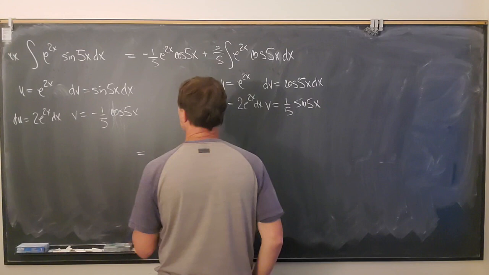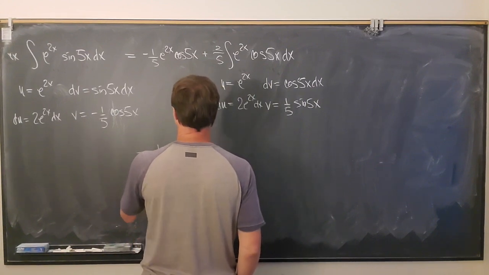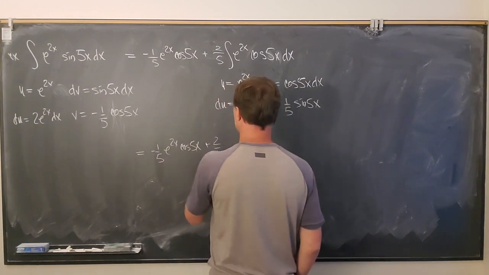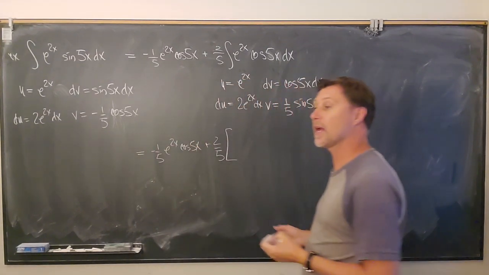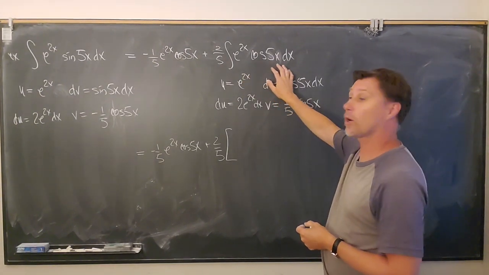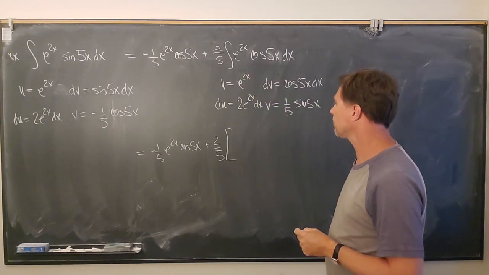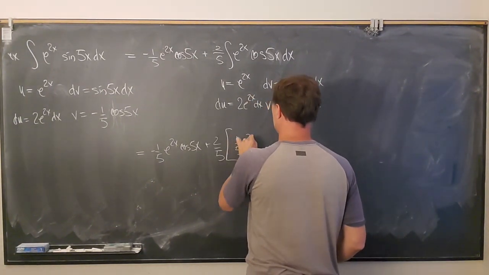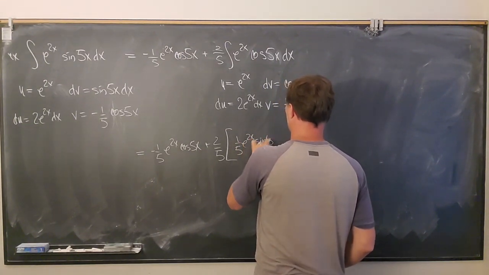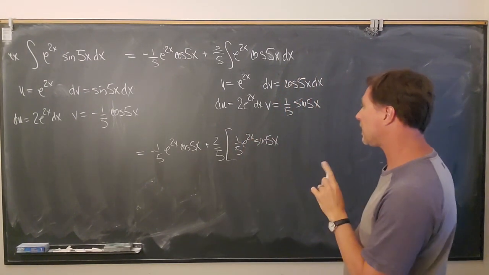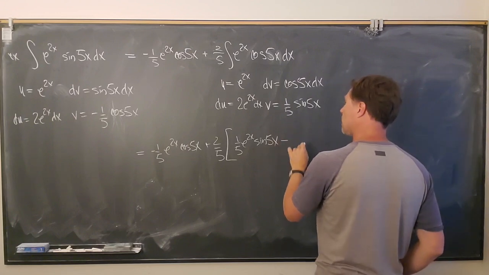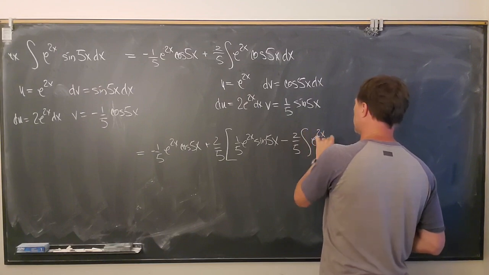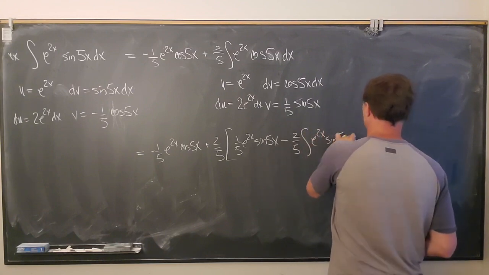I've got negative 1/5 e to the 2x cosine 5x plus 2/5, and now in square brackets I'm going to write down the result of applying integration by parts to this piece. It'll be u times v, that's 1/5 e to the 2x sine 5x, minus the integral of v du, which will be minus 2/5 integral e to the 2x sine 5x dx.